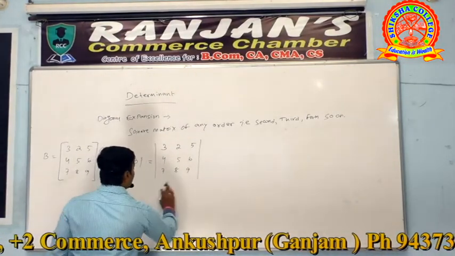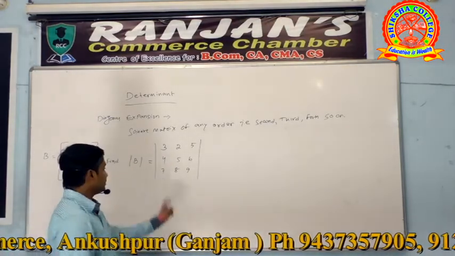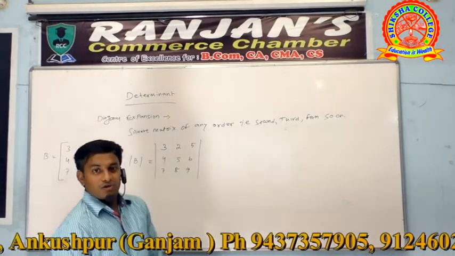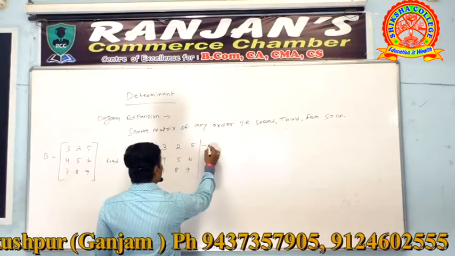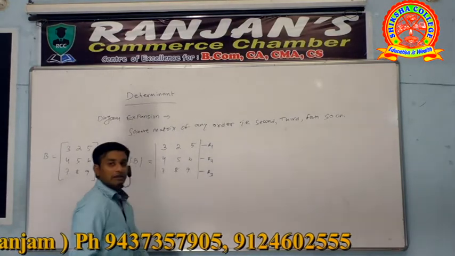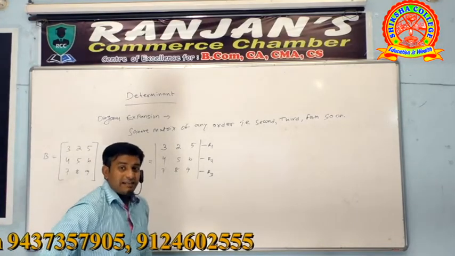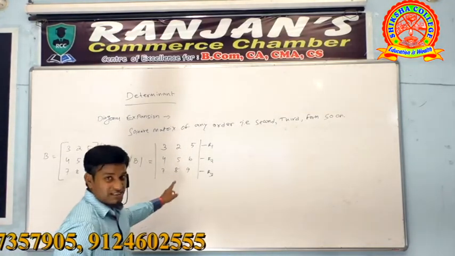Then we need to find the determinant of that matrix. Students, here we have 3 rows: row 1, row 2, and row 3. Please listen carefully, it is a very important step.